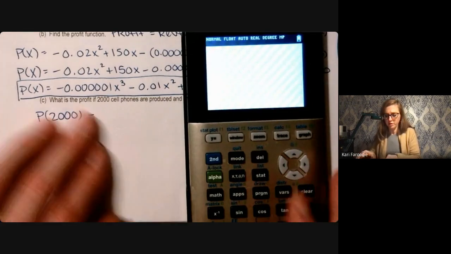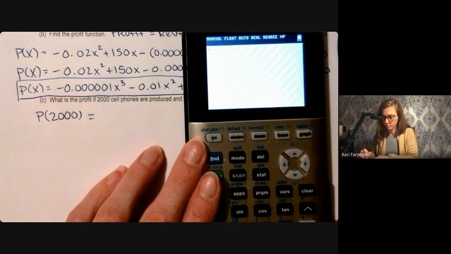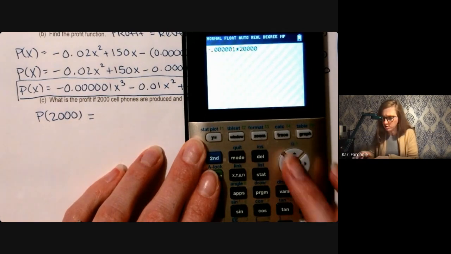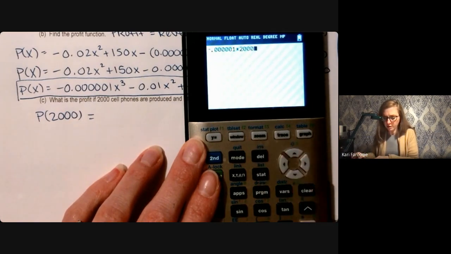We'll see. So I've got negative 0.023451 times 2,000 cubed.